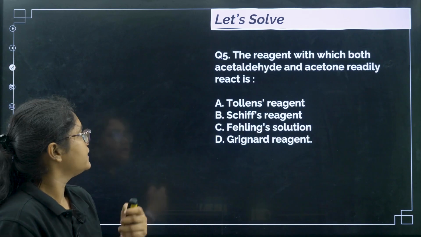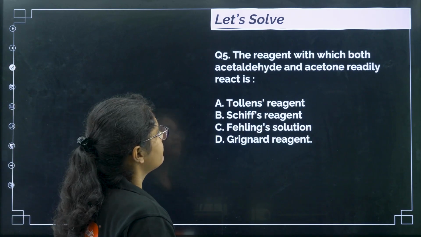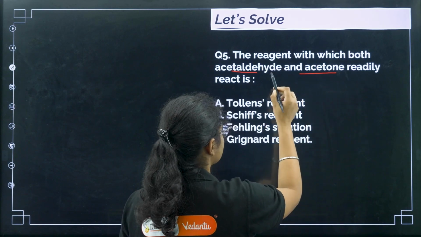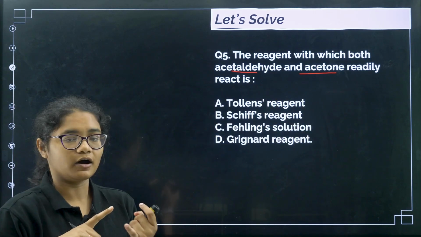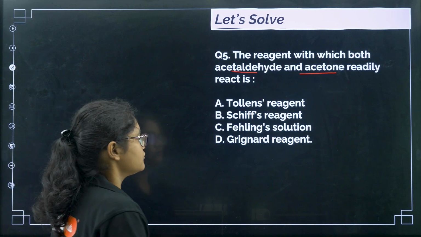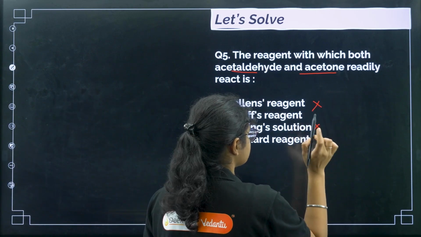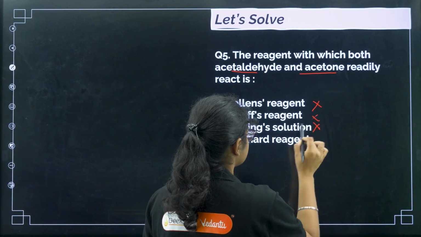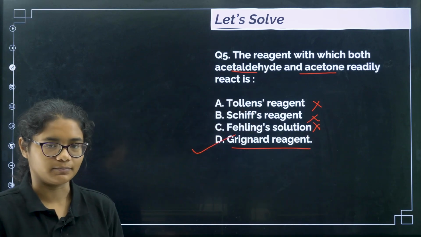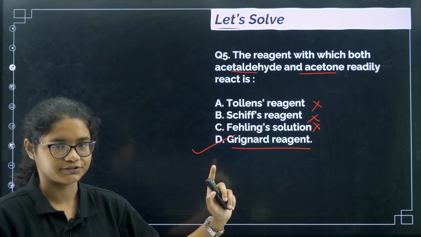Okay. Next, the reagent with which both the aldehydes and the acetones readily react. So that means the reagent with which both aldehydes and ketones will react. So Tollens reagent, Fehling solution is only for aldehydes, Schiff's is also not there, Grignard reagent, both will react. So the correct answer is option number D, nucleophilic addition reaction.